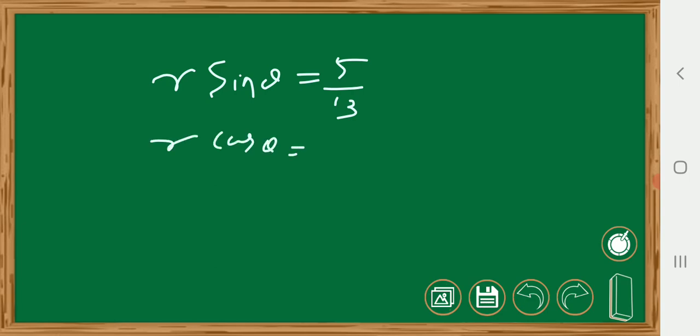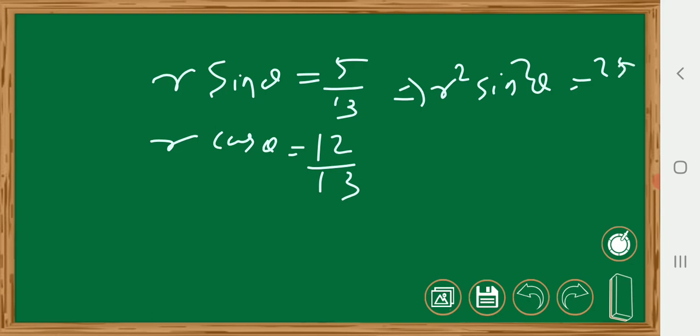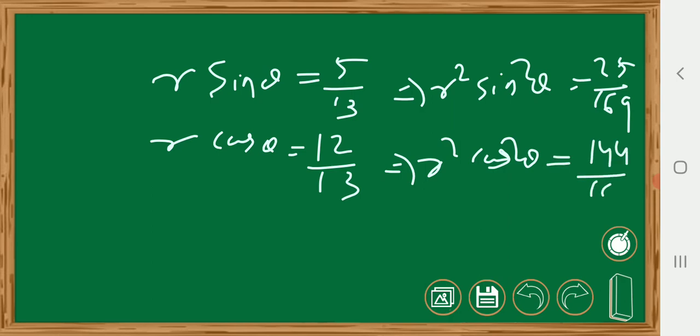After that, what you have to do? You know r sin theta is equal to 5/13. r cos theta is equal to 12/13. So r square sin square theta is 25/169. Similarly, here r square cos square theta, you can write 144/169.